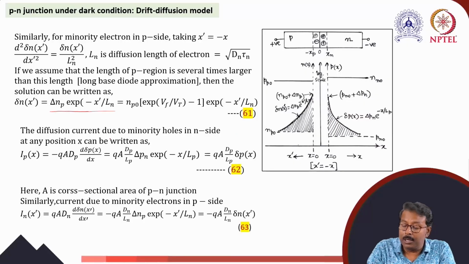Now diffusion current. This diode current is mainly due to diffusion of holes and electrons. So for diffusion current, again you have to use the expression to find out the net current in the diode.